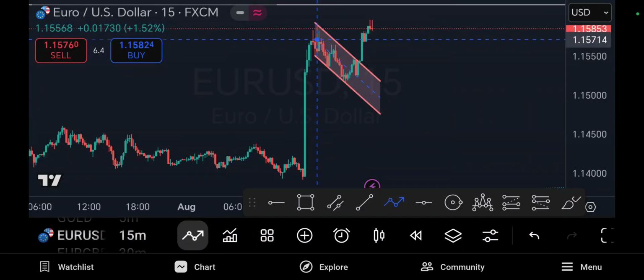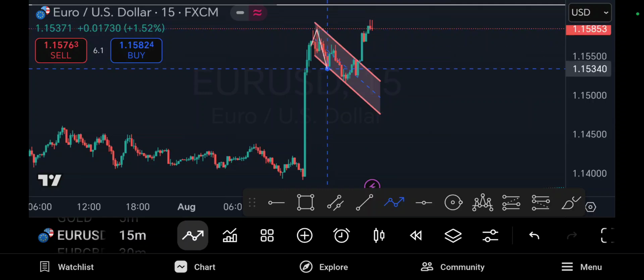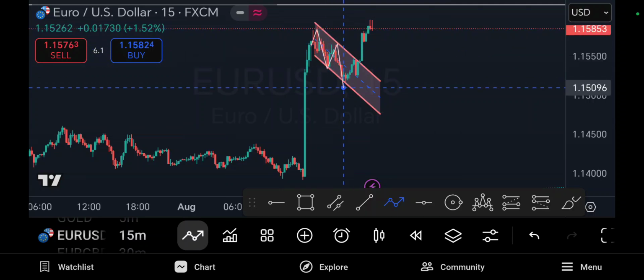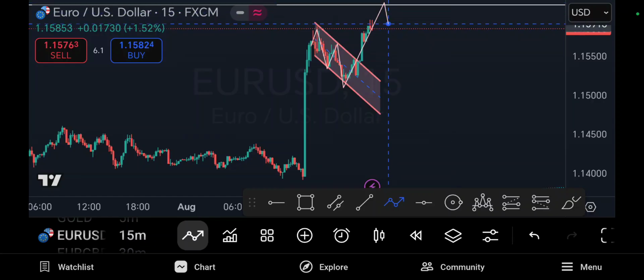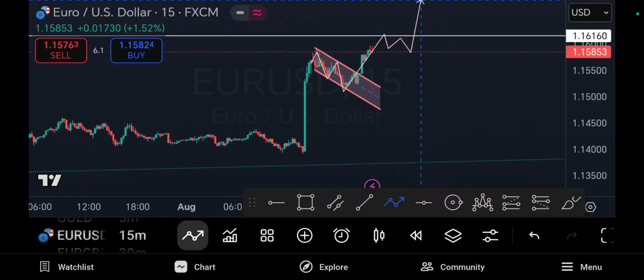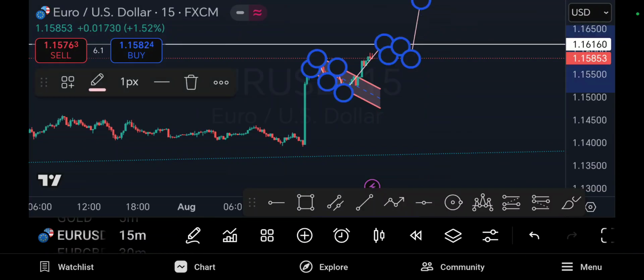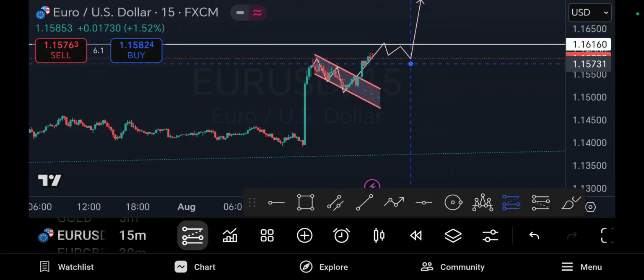For a nice clean entry, I'll be waiting for it to push, maybe touch there, consolidate to the downside a bit up until this area, and then place my buys from here.